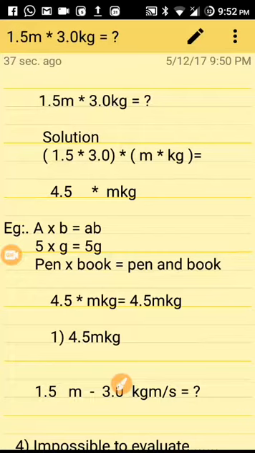Now with this one, you can choose to bring the kg first before the m, or vice versa. Sometimes, because they are alphabets, we can put them in alphabetical order, and that one too is right. But all the same, multiplication is commutative.